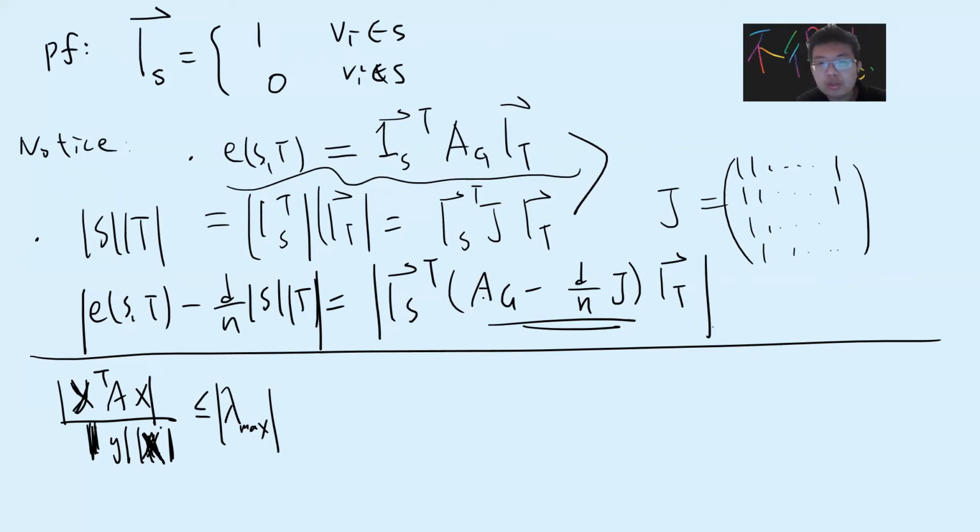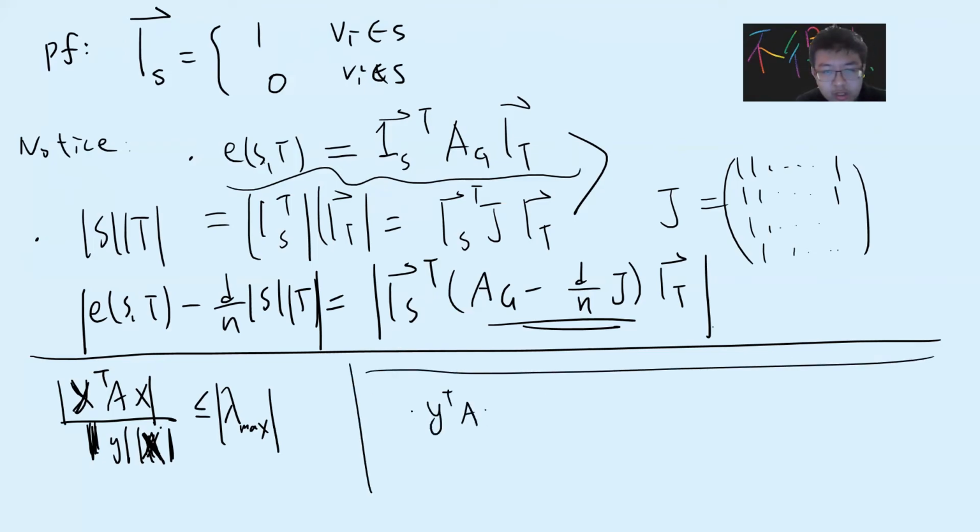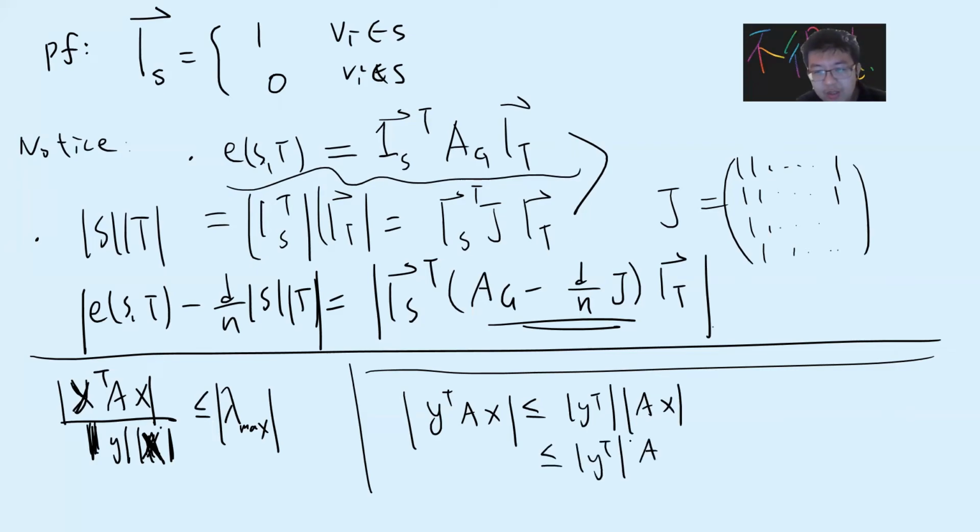Basically this is just Cauchy-Schwarz: y^T A x is less than or equal to the norm of y, the norm of A and the norm of x.